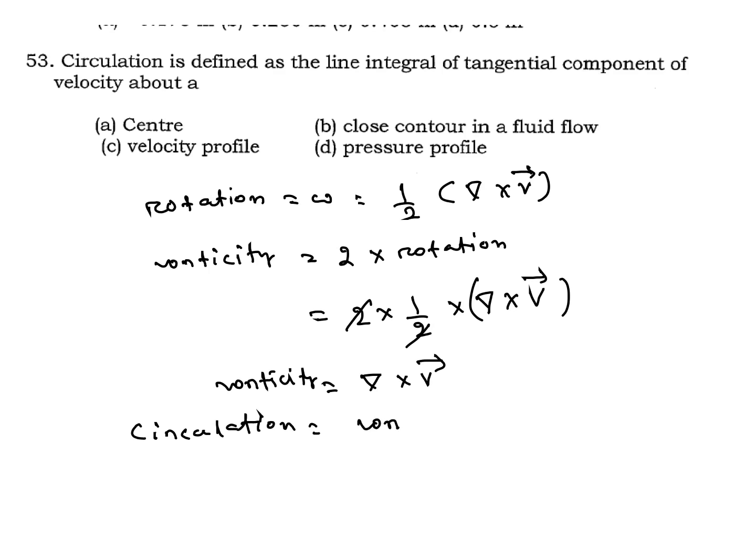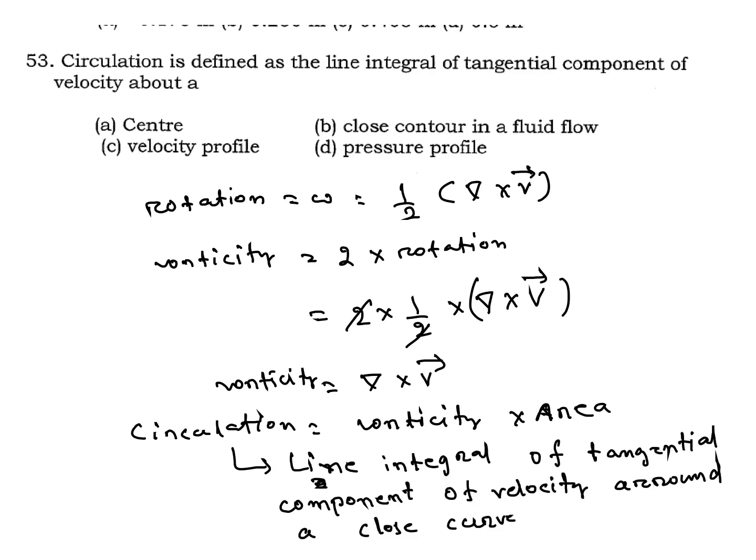Or we can write, circulation is the line integral of the tangential component of velocity around a closed curve. So from the options, B is our answer, a closed contour in a fluid flow. Rotation is important, vorticity is also important, then circulation.